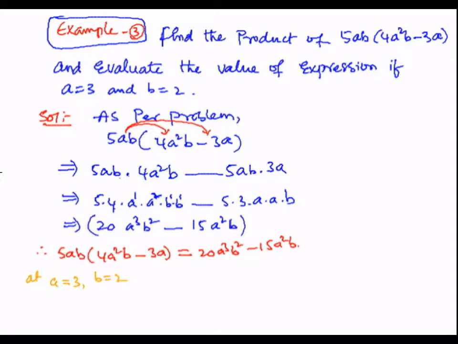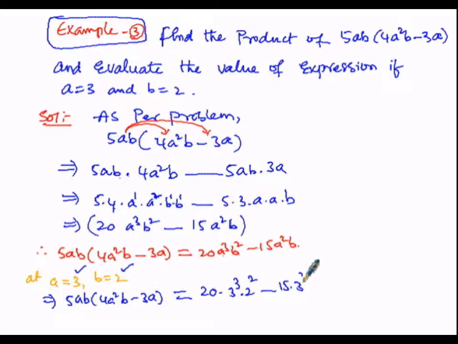That implies 5ab into 4a square b minus 3a equals 20 into the a value 3, but a cube, so 3 cube, into the b value 2, so b square, 2 square, minus 15 into the a value again 3, but squared, into the b value 2. That equals 20 into 3 cube, 3 into 3 into 3 is 27, into 2 square, the value is 4, minus 15 into 3 square, the value is 9, into 2.